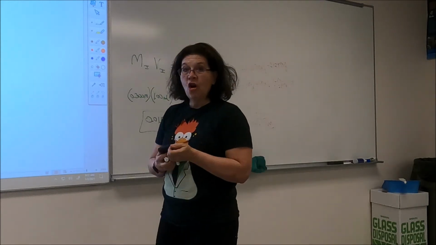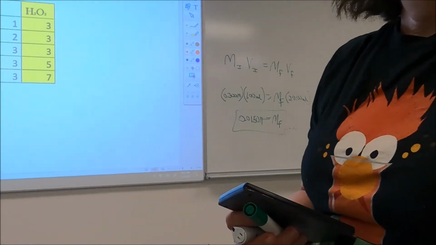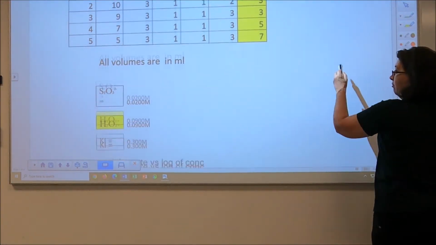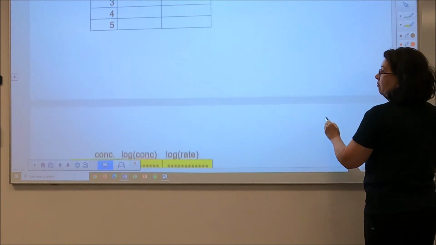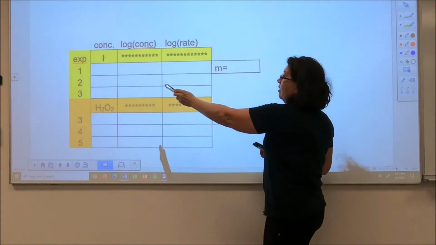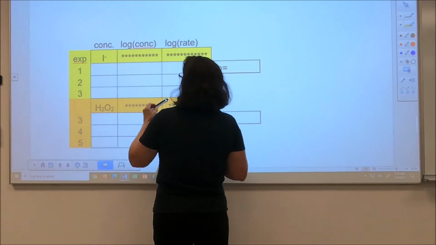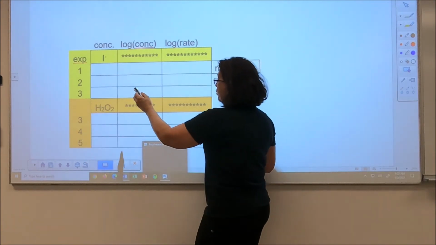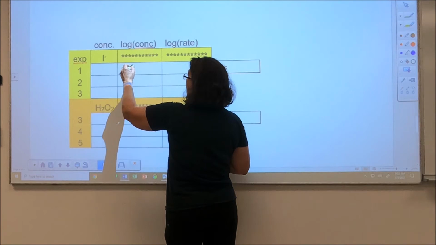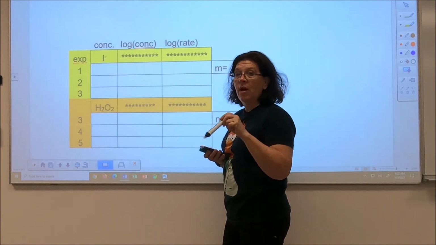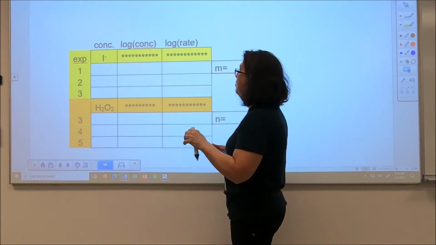So on our chart, right here, you're going to put 0.015 molar. Then what you're going to do is take the log of that and put it right there. Okay? It's going to give you a negative number. Don't panic. That's what it's supposed to be.